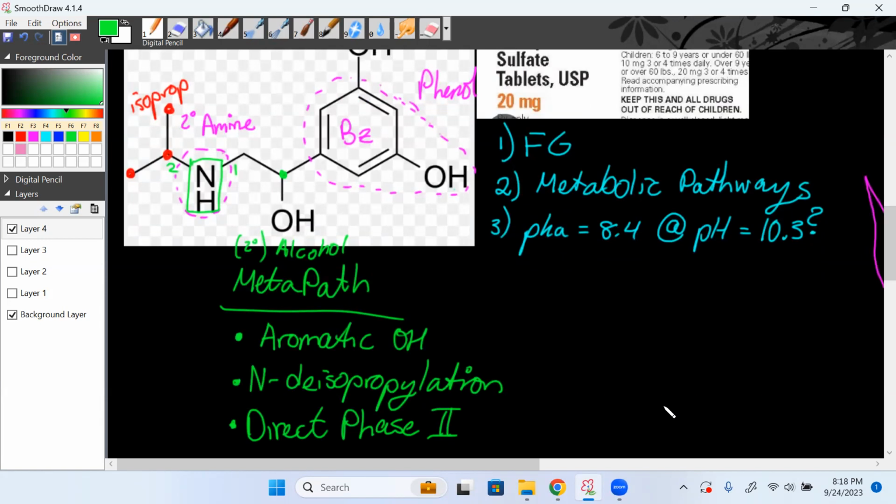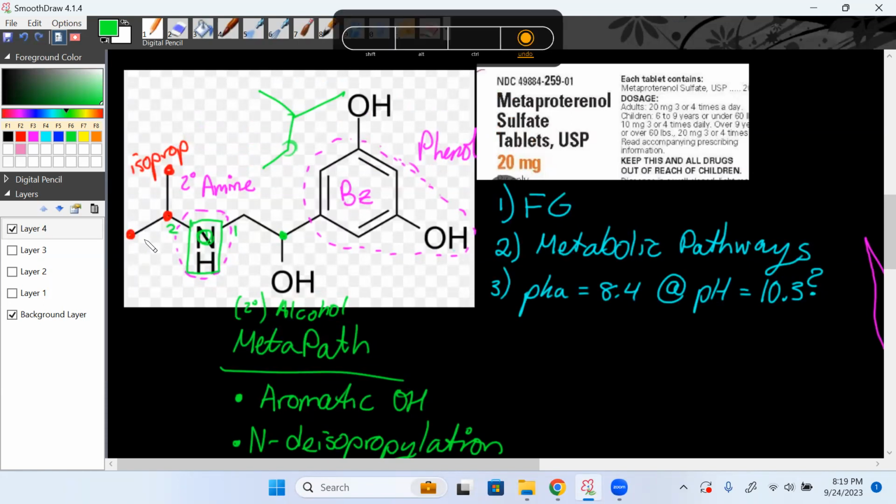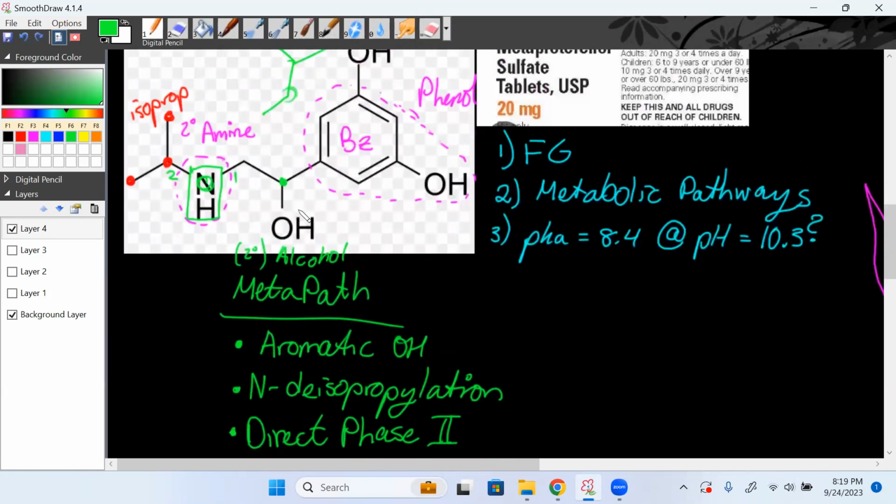I wouldn't say it's very likely because, unlike the other situation for verapamil, where we just had carbon chains leading up to that isopropyl group, so this position was just a carbon, here this position is a nitrogen, so it makes that a little bit wonky. But could you get aliphatic hydroxylation here? Yeah, it's possible. If it was an option, I would choose it. And then, of course, we have open OH and NH bonds, so this could go directly to phase 2. Very nice.